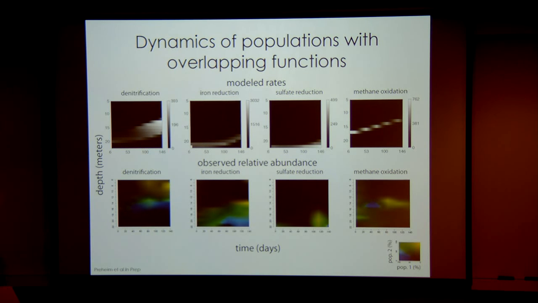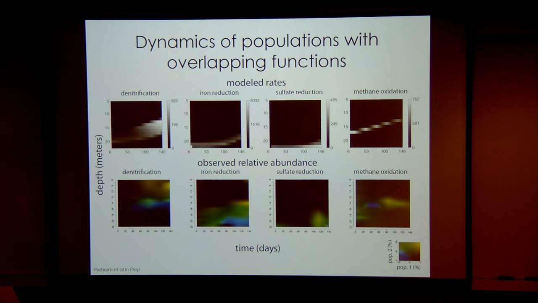Because you can imagine maybe competition or interactions between these organisms might create different dynamics between the process and the population observations. And so I'm showing you here at the top, again, the model for different processes: denitrification, iron reduction, sulfate reduction, and methane oxidation.